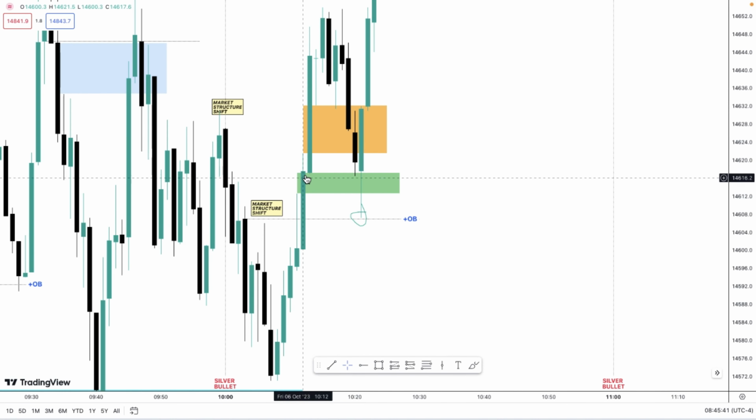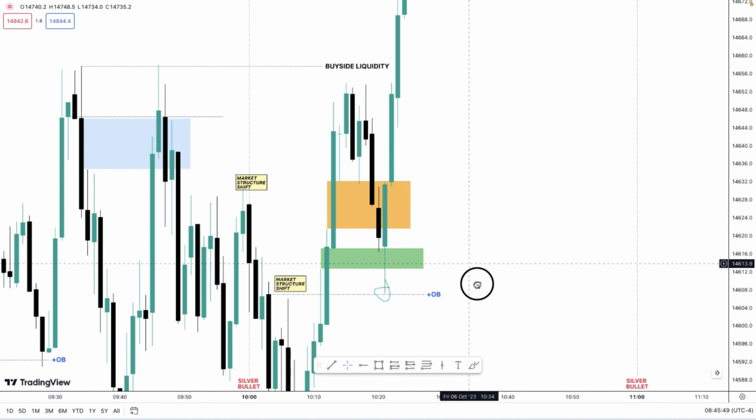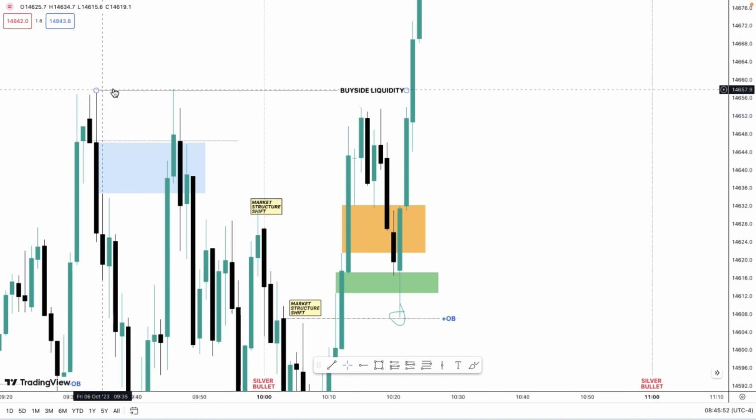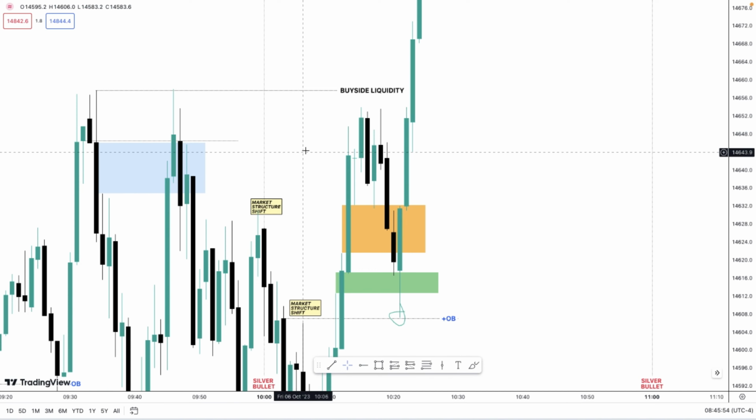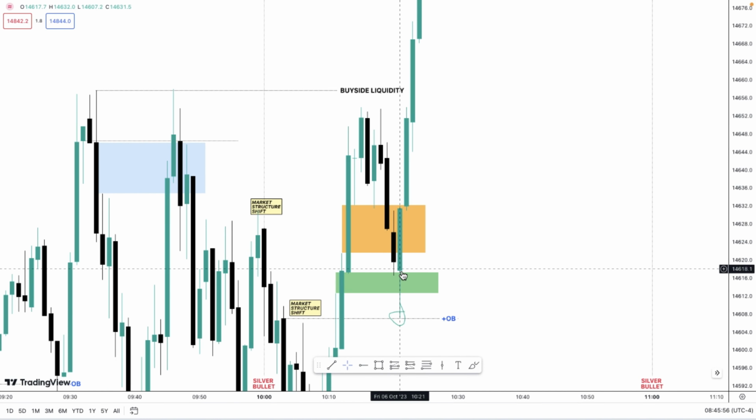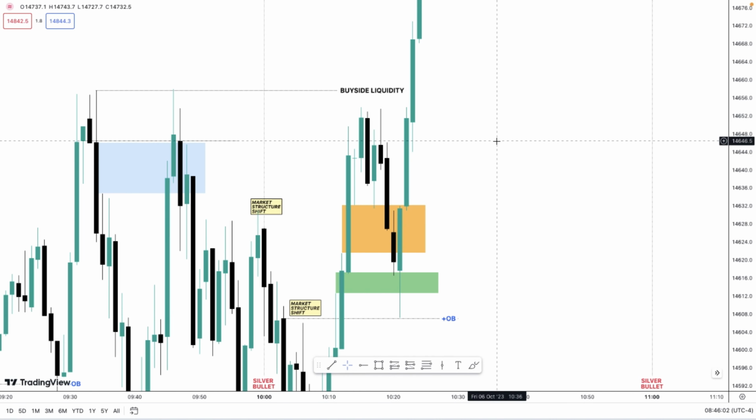You have a fair value gap here formed at 10:12. Buy side liquidity, relatively equal. This silver bullet happens each and every single day, NFP or no NFP, as you can see.